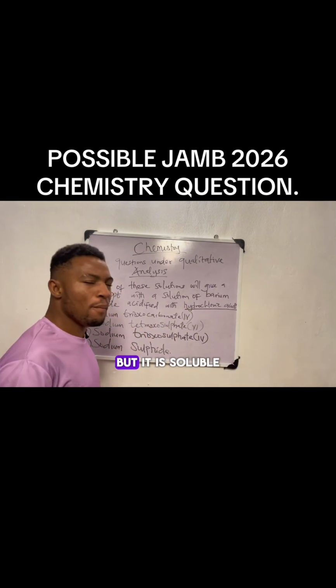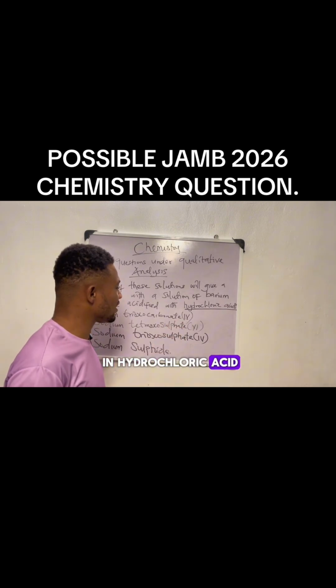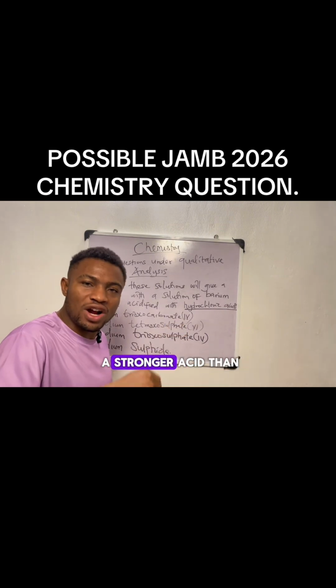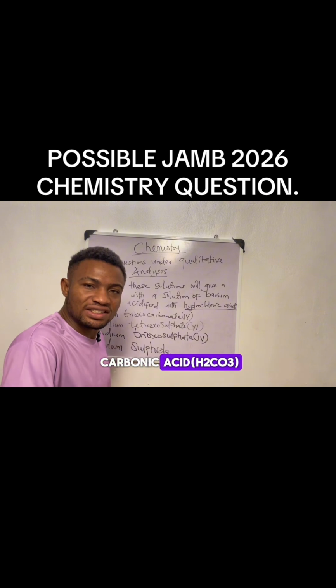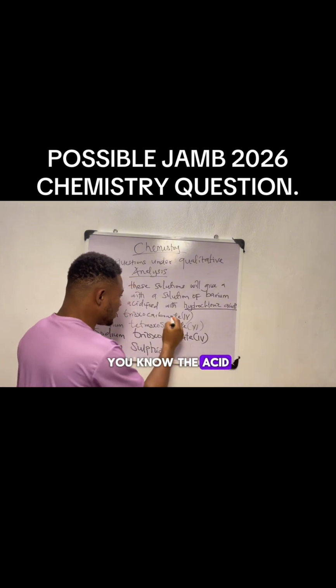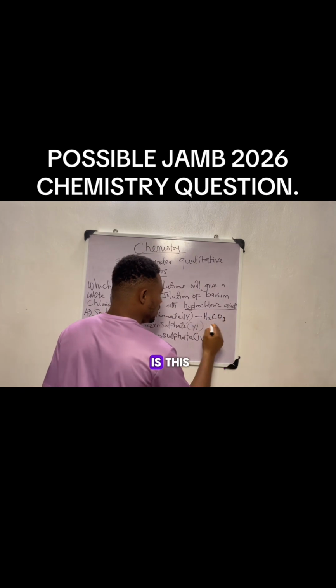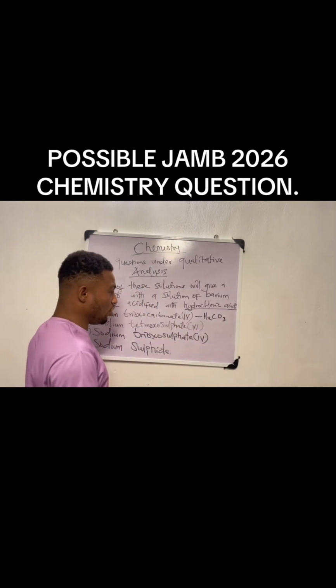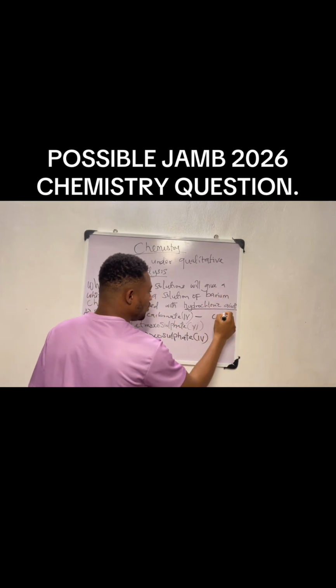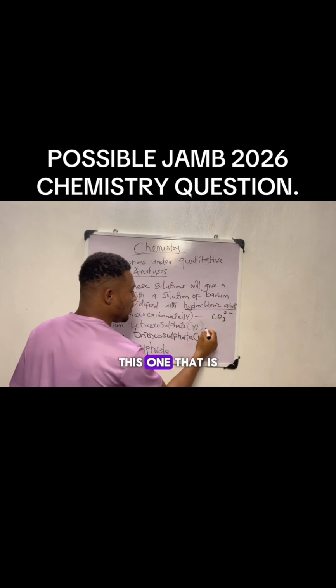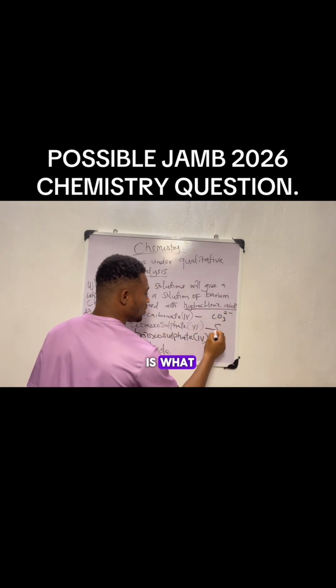but it is soluble in hydrochloric acid because hydrochloric acid is a stronger acid than carbonic acid, that's trioxocarbonate(IV). You know, the acid that is present in this salt is what? The one that is present in this salt is what?